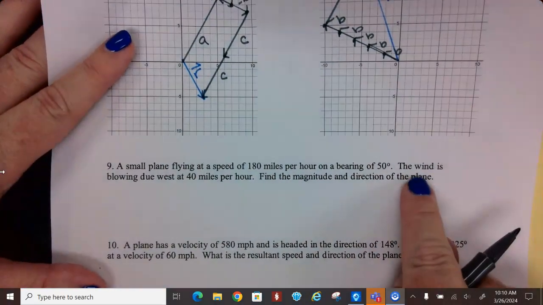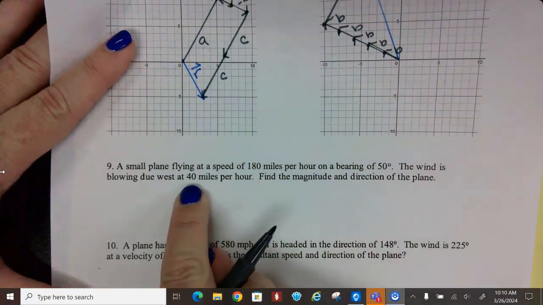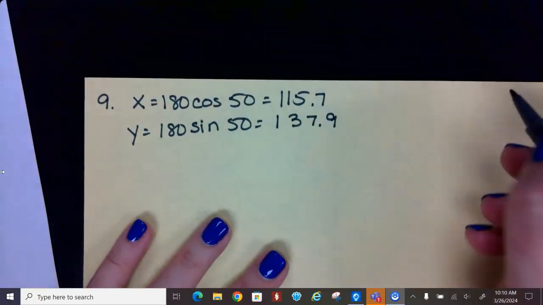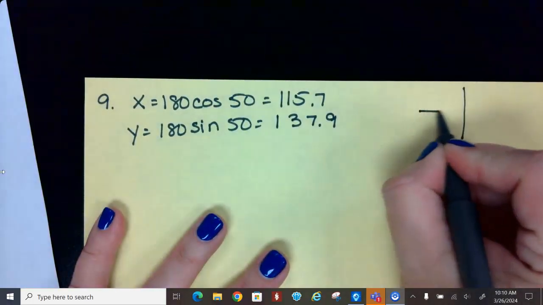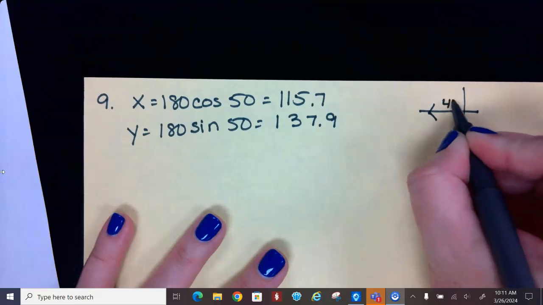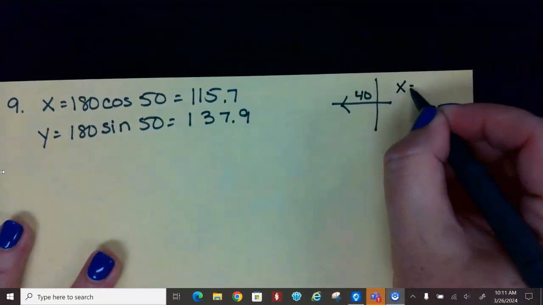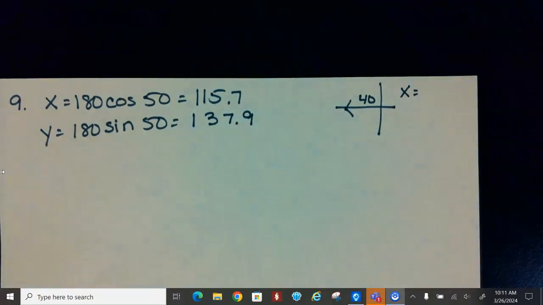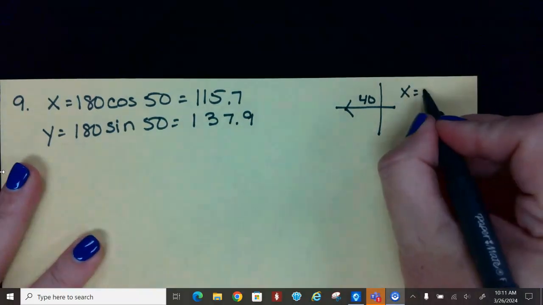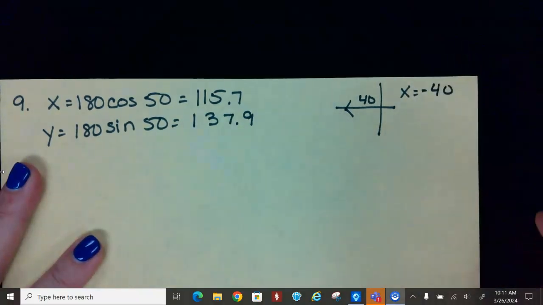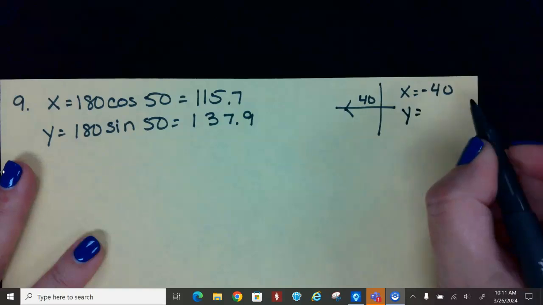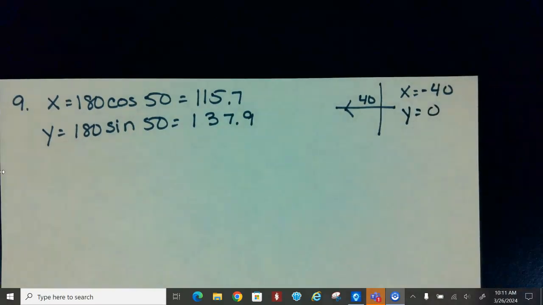Now, it says here though the wind is blowing due west, 40 miles per hour. So west is going to be in this direction, and it's 40. Okay, so what is my x value? And I'm going to remind you, x is not 40, because we're going left, negative 40. And we're not going up or down, so y is 0.